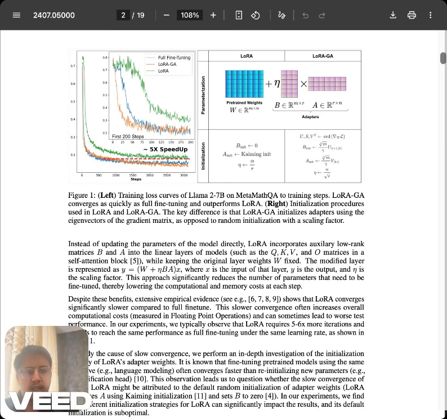So basically, the adapters would be chosen in such a way that they are aligned to the dominant direction of the gradient and not the weight, so that the adapter's initial gradient points in the same way the weight's gradients would point.